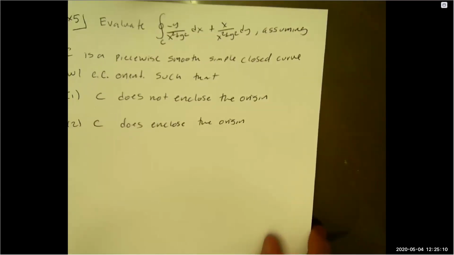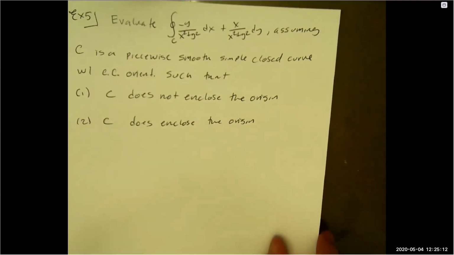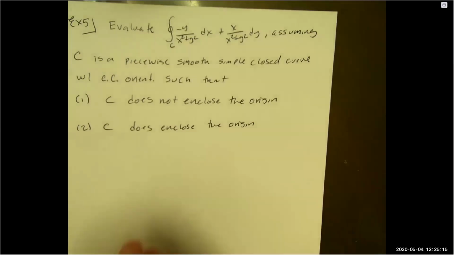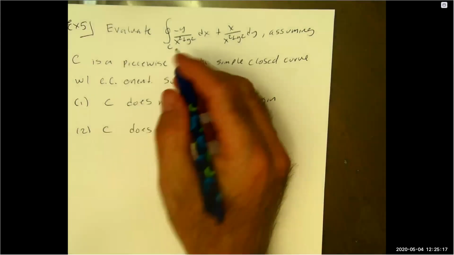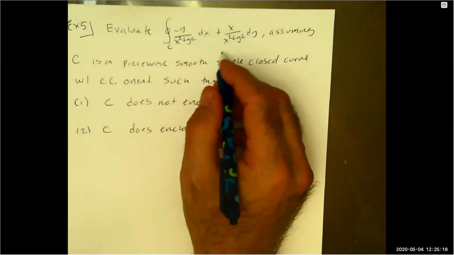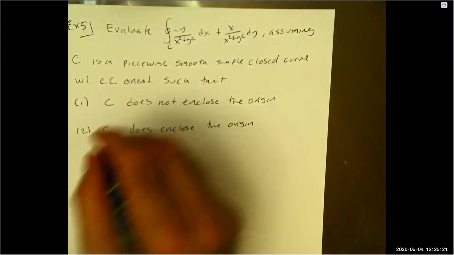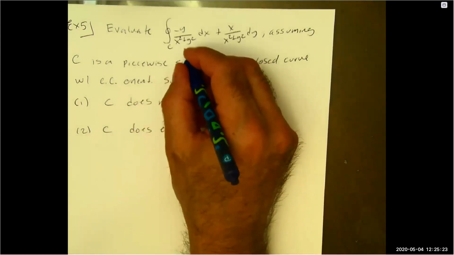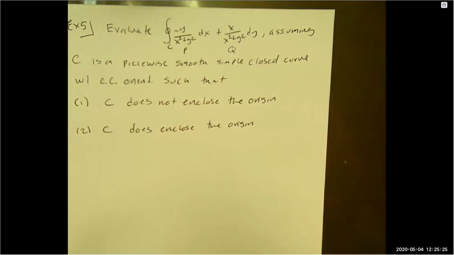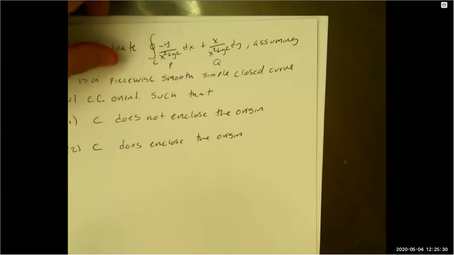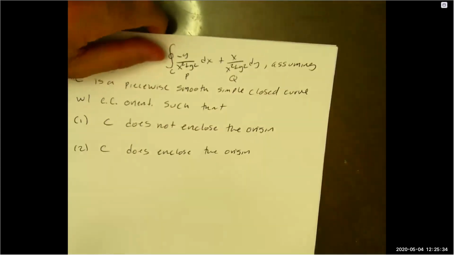All right, so let's first of all remember that if we're going to use Green's theorem, and this is P and this is Q, we're going to need to calculate Qx minus Py. So let's start out by calculating Qx and Py and see what they come out to be.